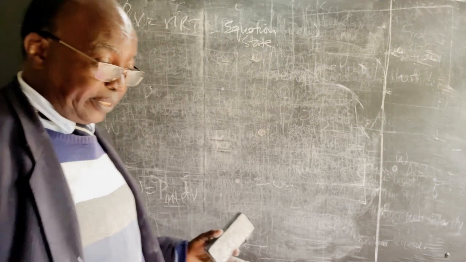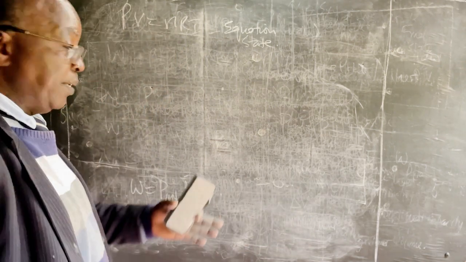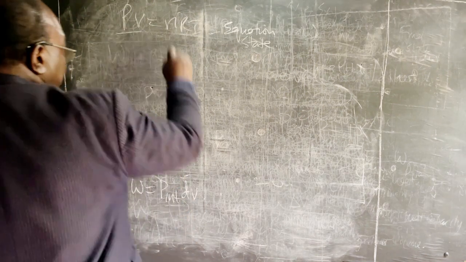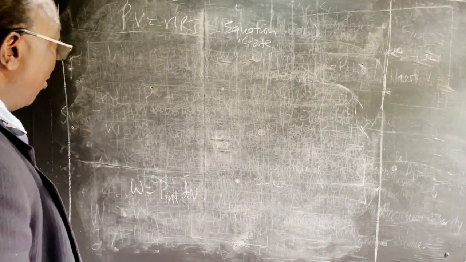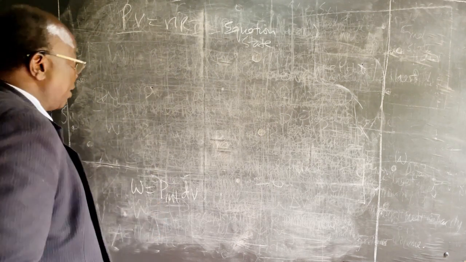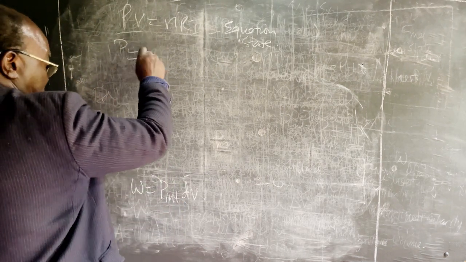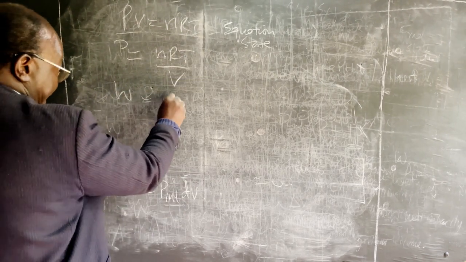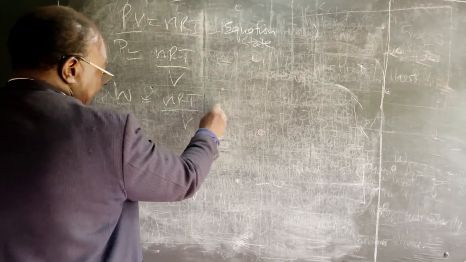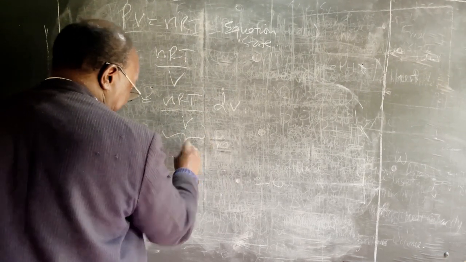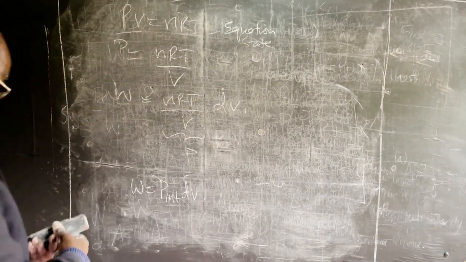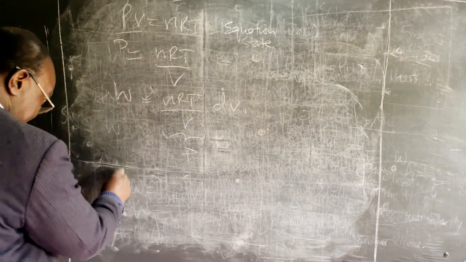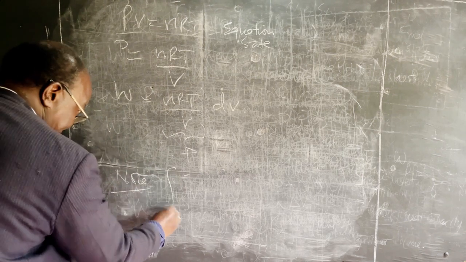The other equations of state are the Redlich-Kwong equation of state, the Pitzer-Bridgman equations of state, the Bertholet equation of state, but we choose the simple one, that's the ideal gas equation of state, so that we can replace internal pressure with nRT over V. So that W now will be nRT over V dV.